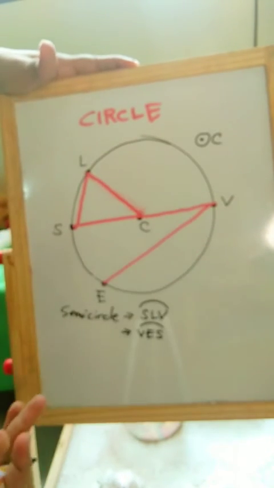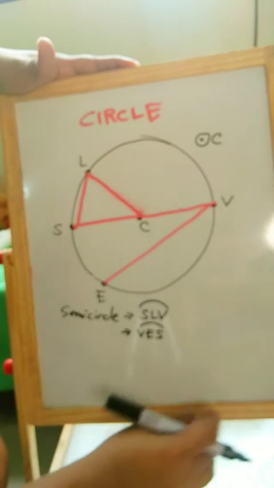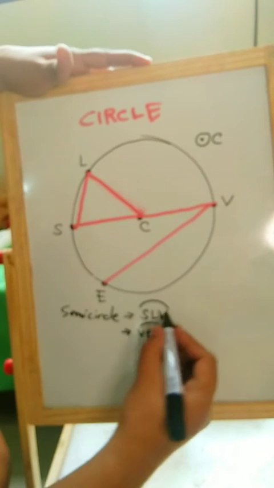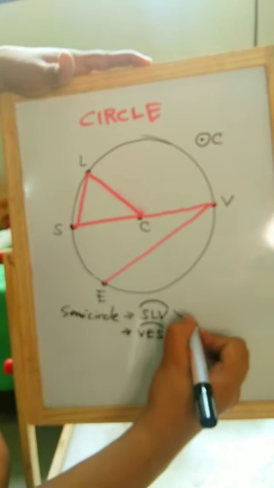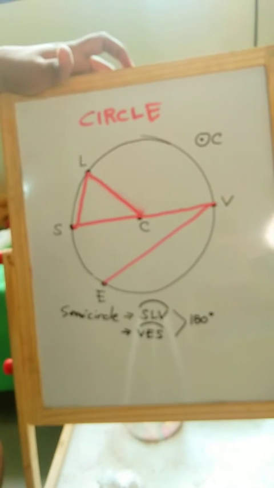So, you have to indicate. Kaya kailangan yung second letter doon sa gitna when you're naming a semicircle. Now, again, a semicircle, the measurement of its arc is exactly 180 degrees.